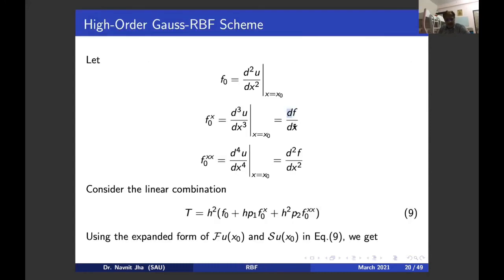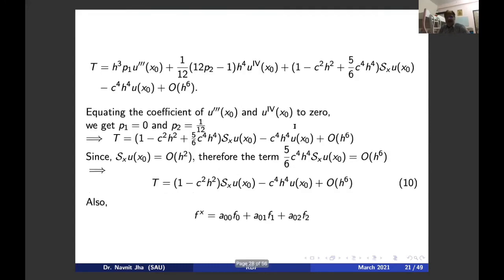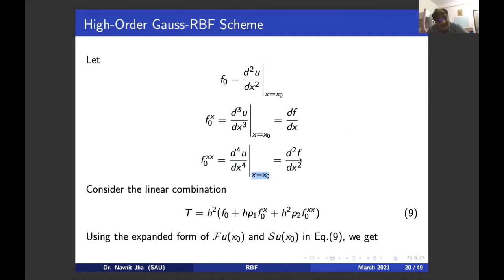So you can calculate df by dx. You can also write the radial basis approximation of d2f by dx square, which is a30 f0 plus a31 f1 plus a32 f2. Is it okay?